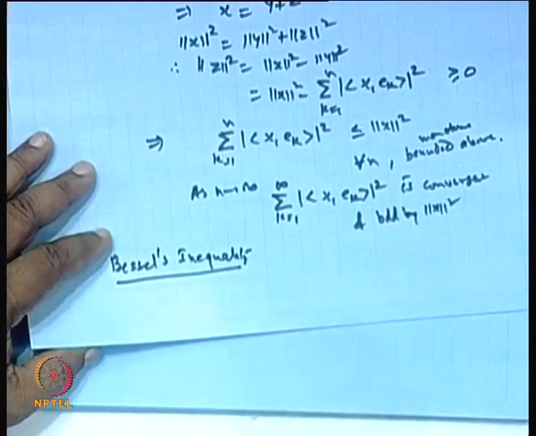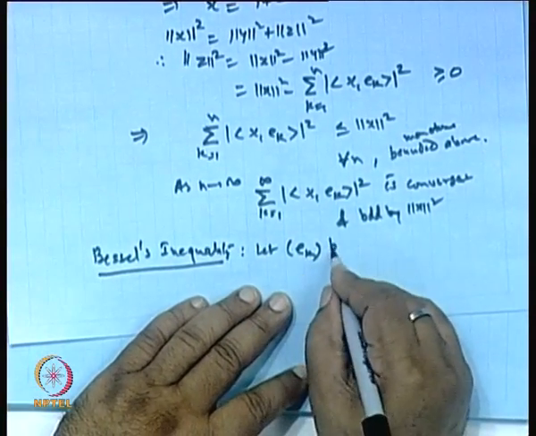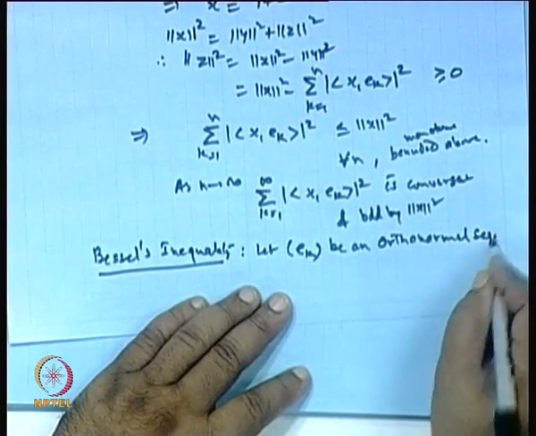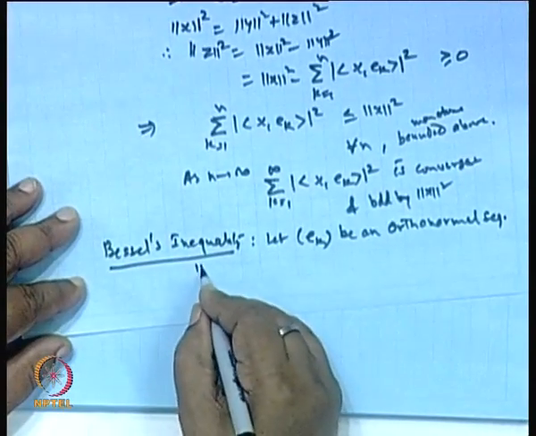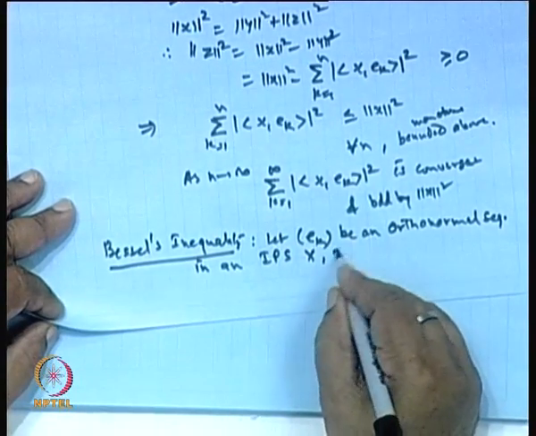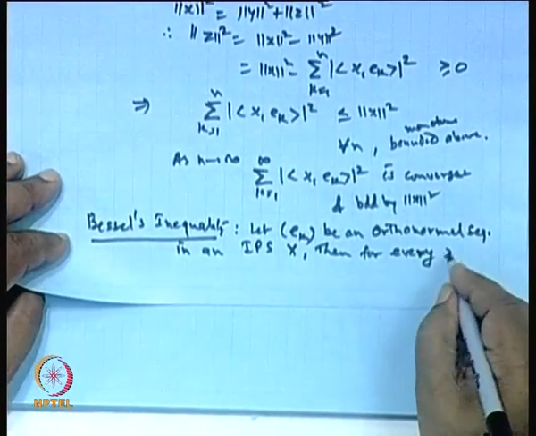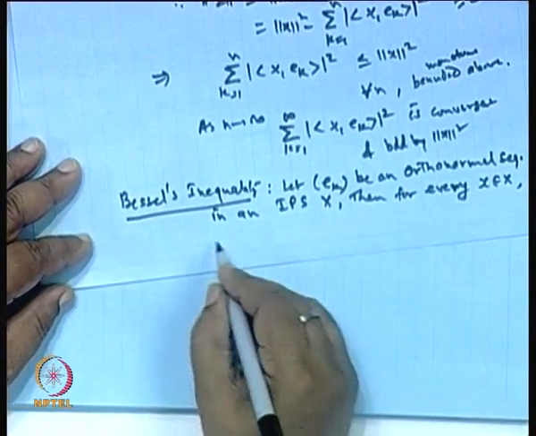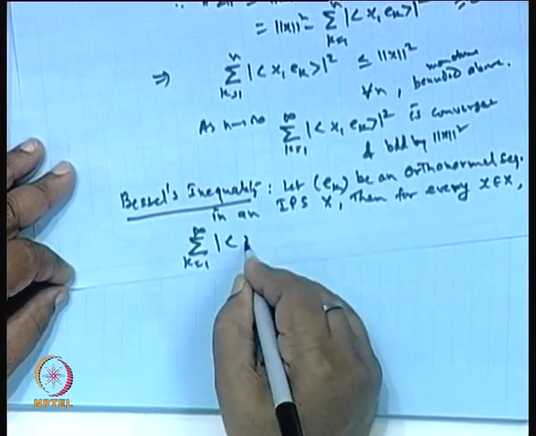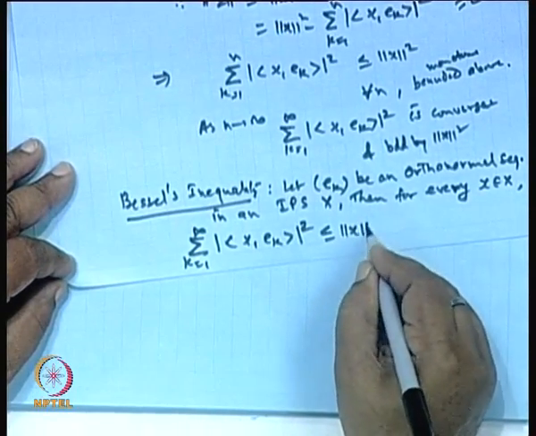What does Bessel's inequality say? Let E k be an orthonormal sequence in an inner product space X, then for every x belonging to X, sigma k equal to 1 to infinity modulus of inner product x e k whole square is less than or equal to norm of x square.